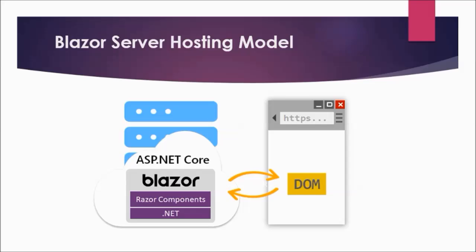The entire HTML is not sent again to the client. It's only the difference that is sent to the client over the SignalR connection. The browser then updates the UI. Since only the difference is applied to update the UI, the application loads faster and is more responsive to the user.